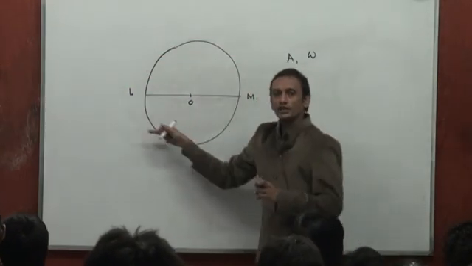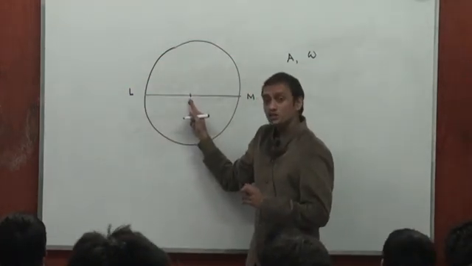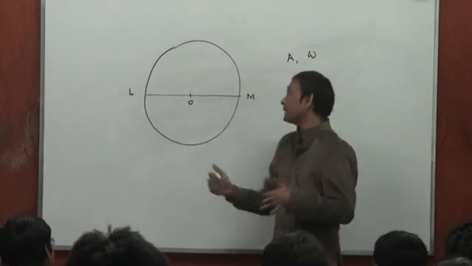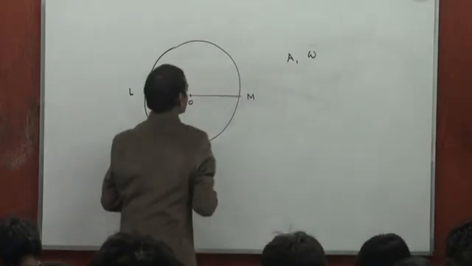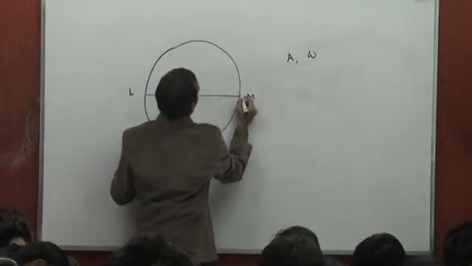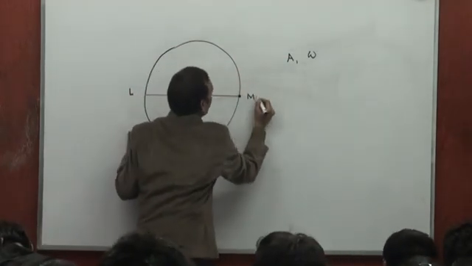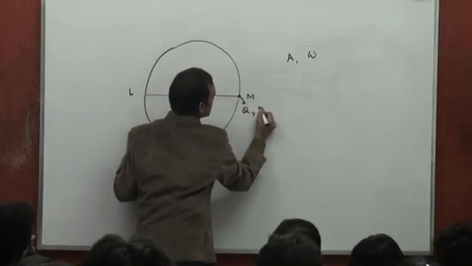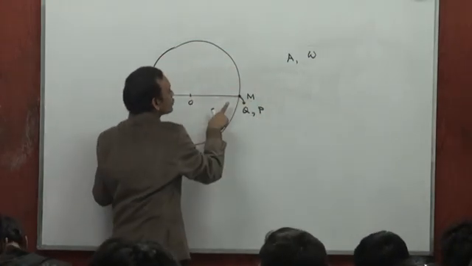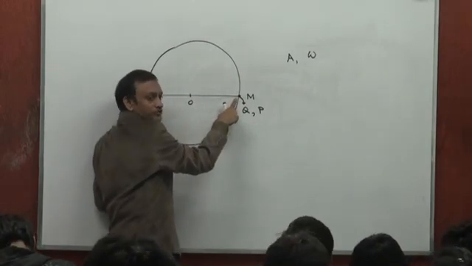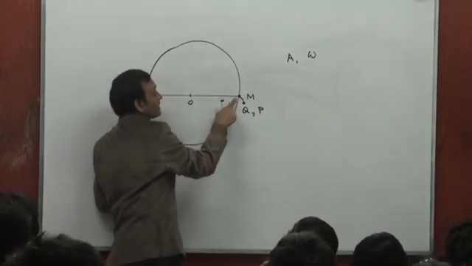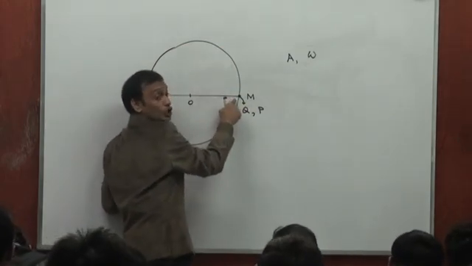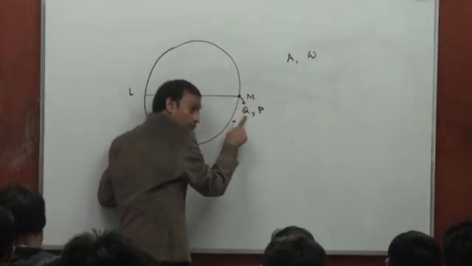This then is the auxiliary circle centered at the mean position of oscillation and whose radius is equal to the amplitude of this oscillator, right? Now, while Q, let's say, starts from this point and P starts here, a full oscillation of Q is like going from M to L and then coming back to M. That's a full oscillation for Q, right?